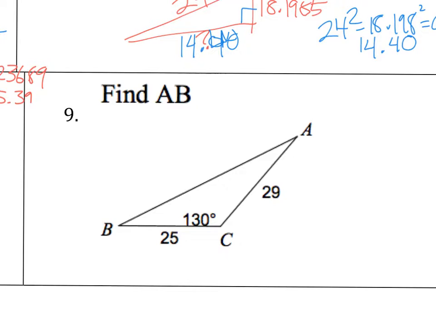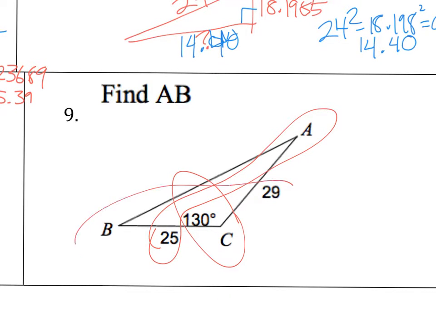My last problem. If I take a look at my pairs, this time I don't have any matched pairs. And if I don't have any matched pairs, law of cosines is probably a good bet. Okay, so law of cosines, so I'm trying to find side AB, otherwise known as side c.